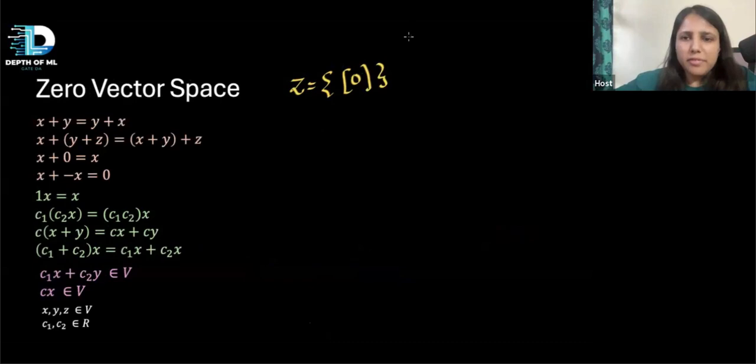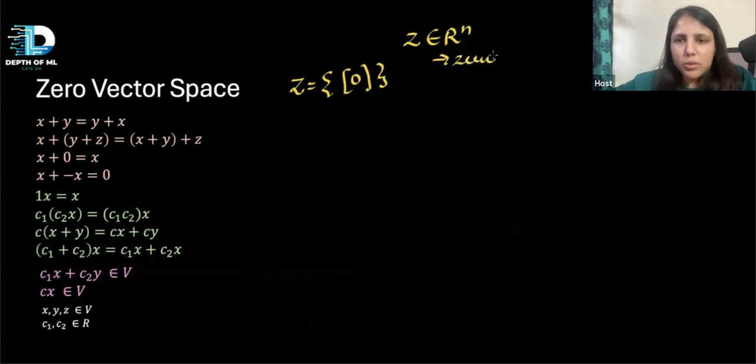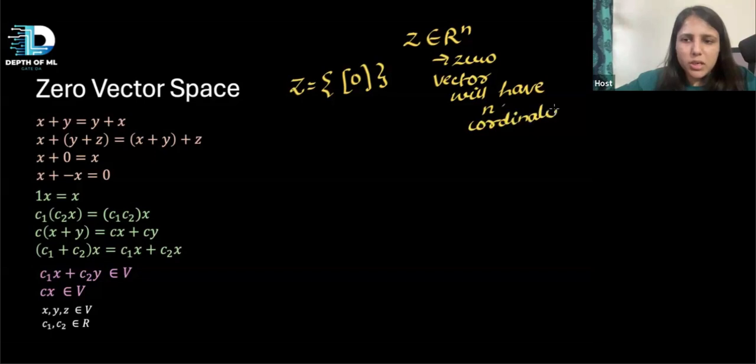And if this Z is a subspace of Rn, the zero vector will have n coordinates. Coordinates is just the number of values that you use to represent a vector. Fine. So this is my zero vector space, which is also denoted by Z.